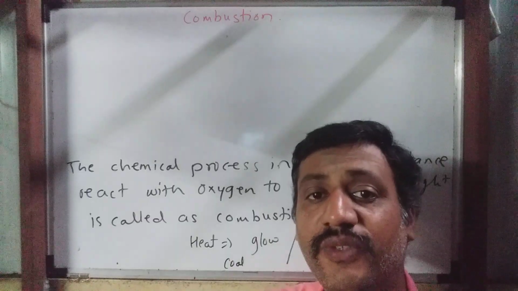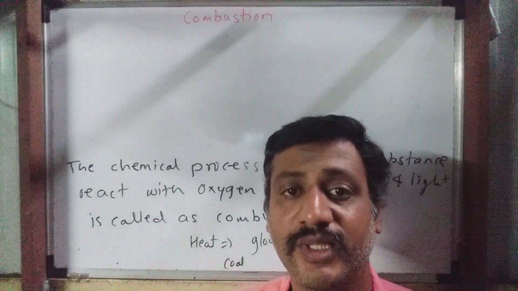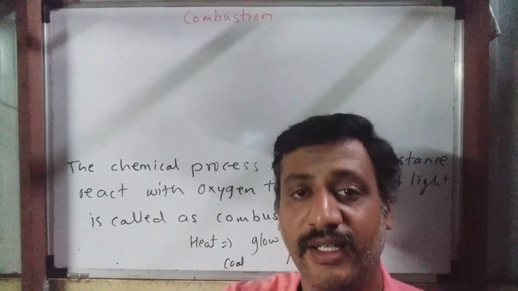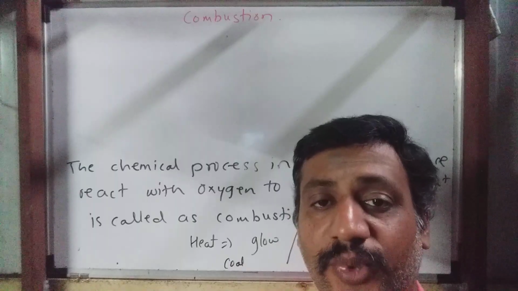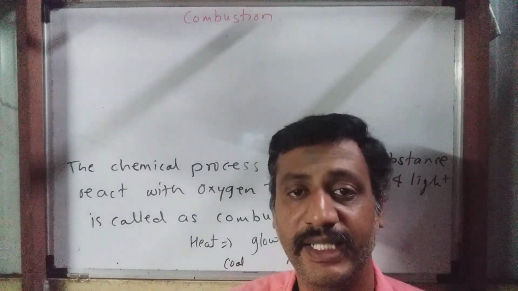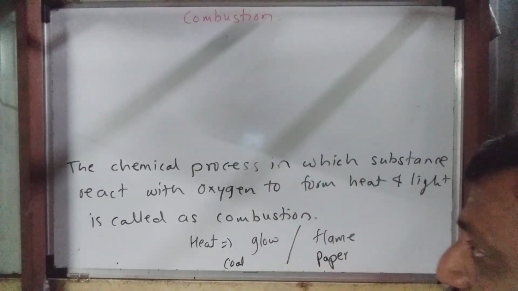Have you seen the flame of coal? Some of you might know about coal stoves. Coal is put in and heat energy is provided, so it glows and heat energy is released in the form of a glow. So these are some characteristics of combustion.